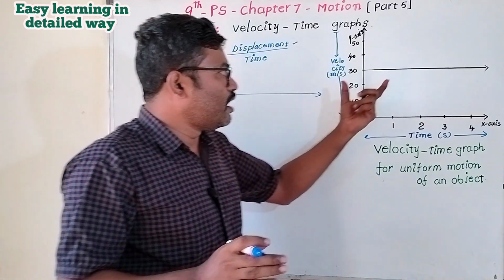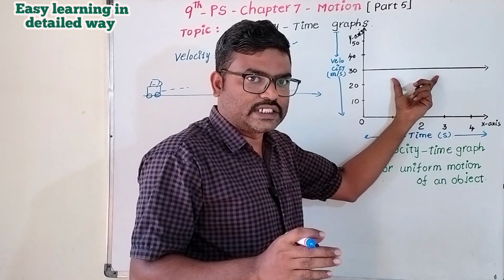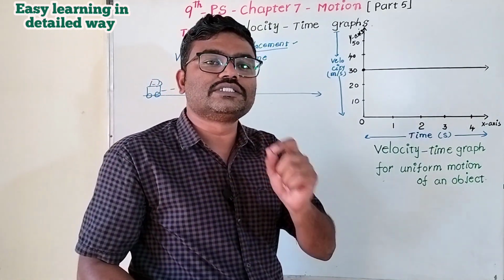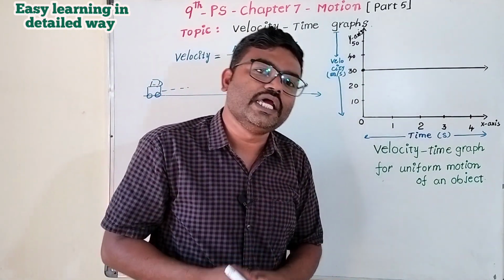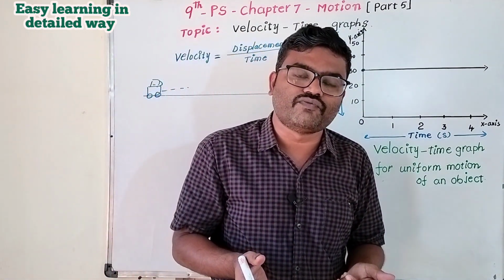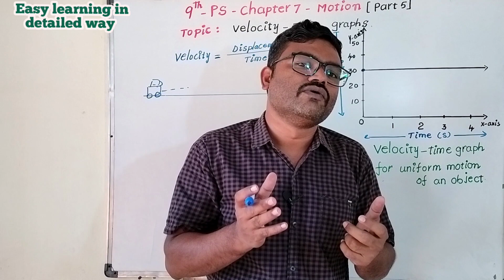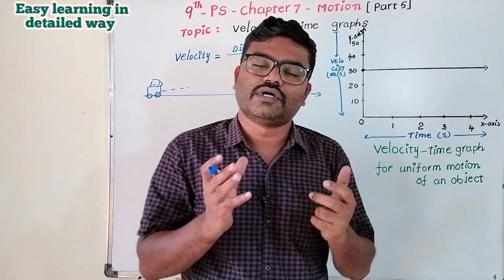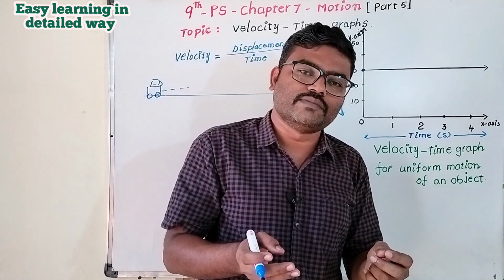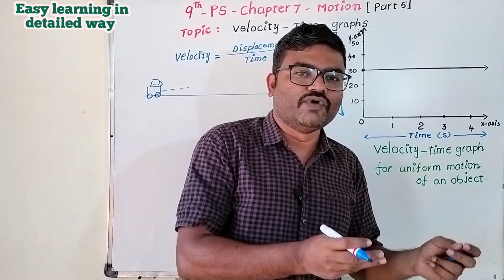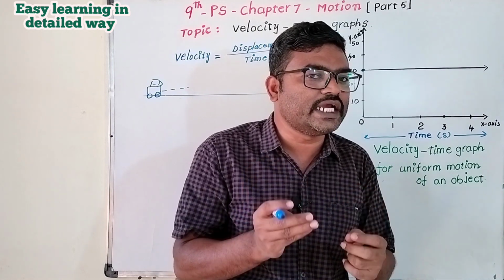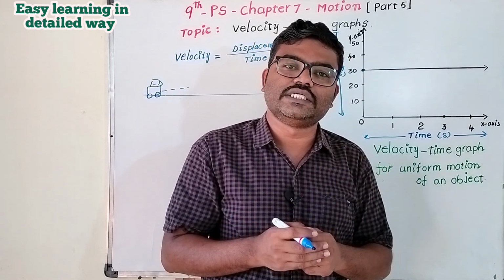The velocity of an object is constant, 30 meter per second, because the object is moving in a uniform motion. Whenever an object is moving in a uniform motion in a straight line, its velocity is constant.